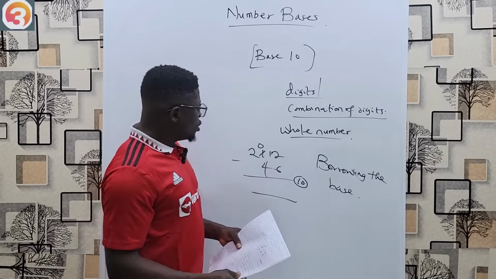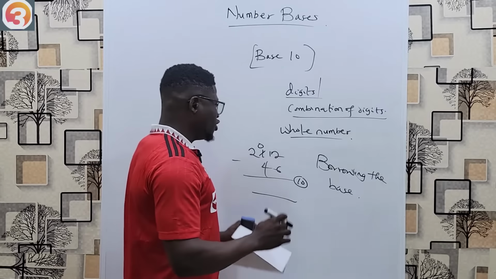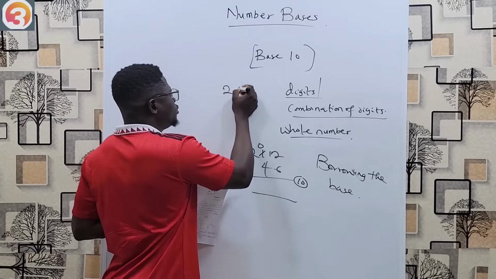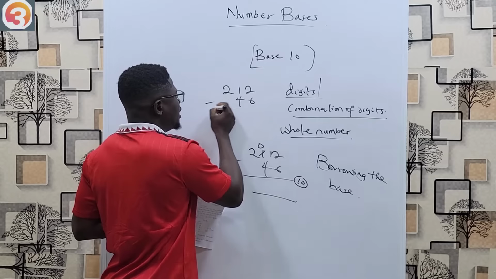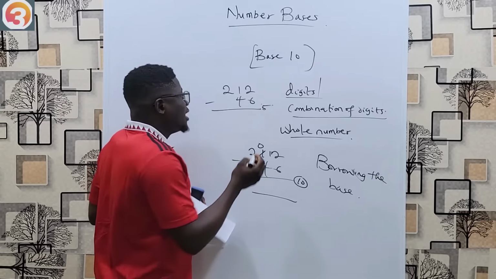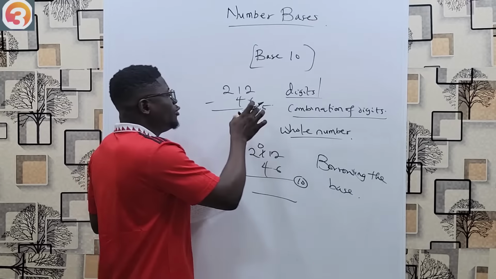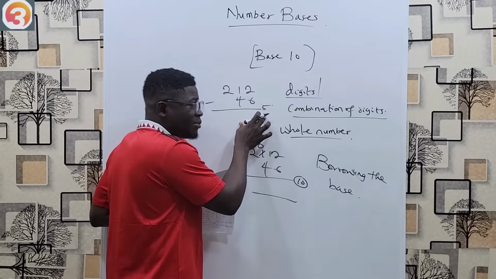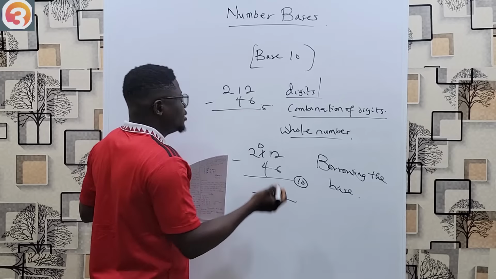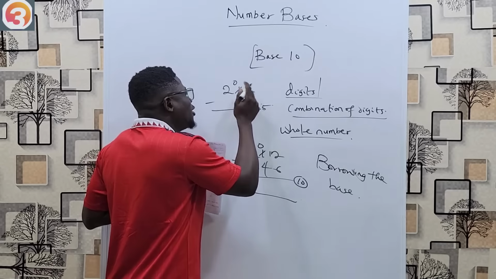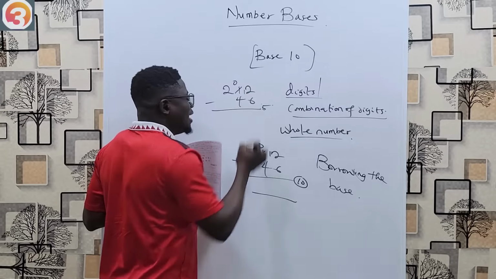Let me come back again. What I'm saying is that in number bases, you are borrowing the base. If this is an operation 212 minus 46 in base 5 now, I want you to get it clearly. We will come back to this. So if this operation is in base 5, 2 minus 6 still cannot. So when you borrow 1 from here, it becomes 0. Here, you will not say you add 1.